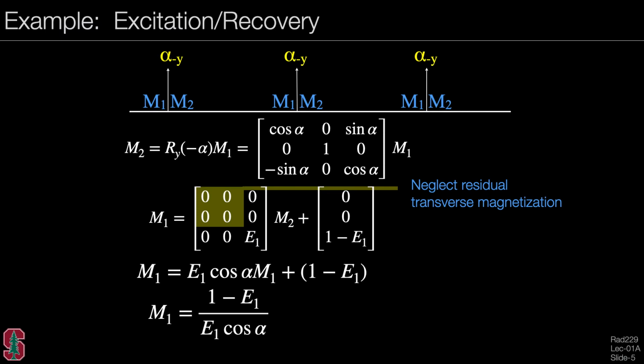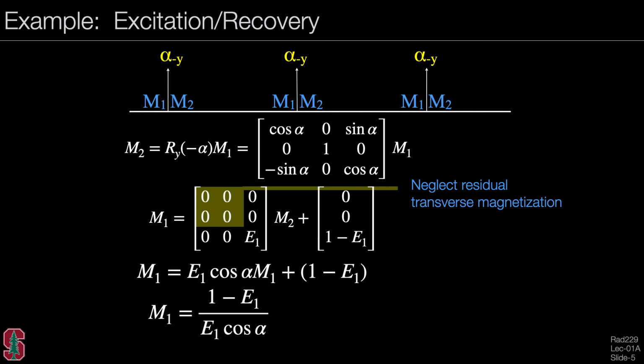Next, we express M1 as a function of M2 using a relaxation formulation here. Notice, though, that we also neglect the residual transverse magnetization by zeroing out the top left and the middle elements of that matrix. We have no precession in this example.